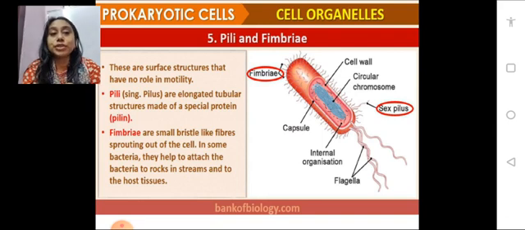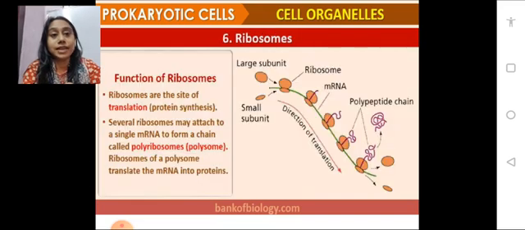So in the image you can see the fimbriae, which help the bacteria to stick to a substratum, and there are some pili. Pili, singular pilus, help the bacteria to bind to the pili of a different bacteria. Then finally, in yesterday's class we studied about the ribosomes.